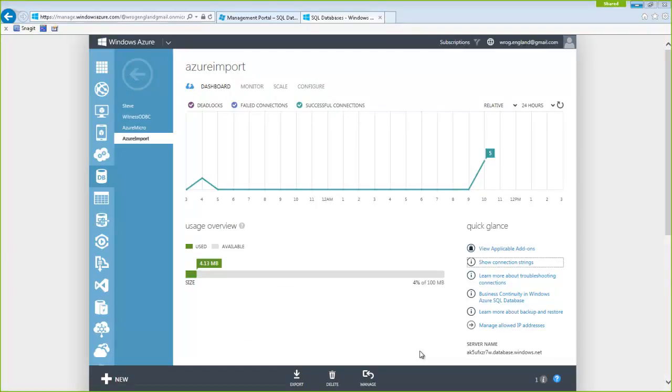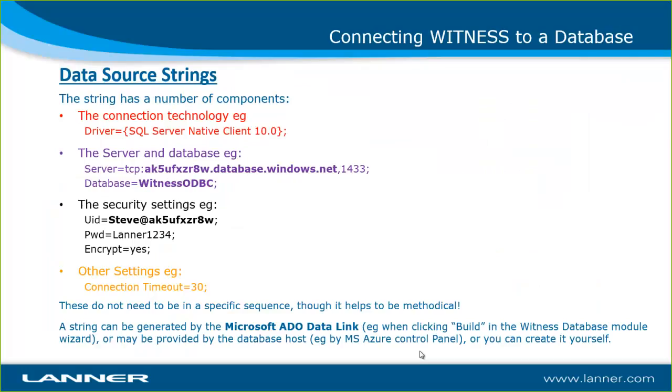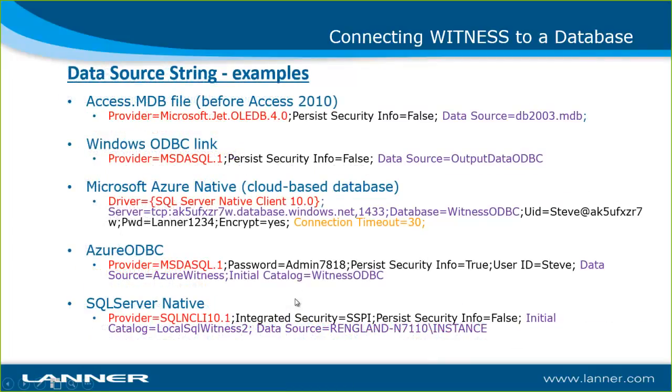If I go back to my presentation, I've just put some examples there of different types of connection string. As I say, I think I'll skip this and put that in some kind of a blog or something.